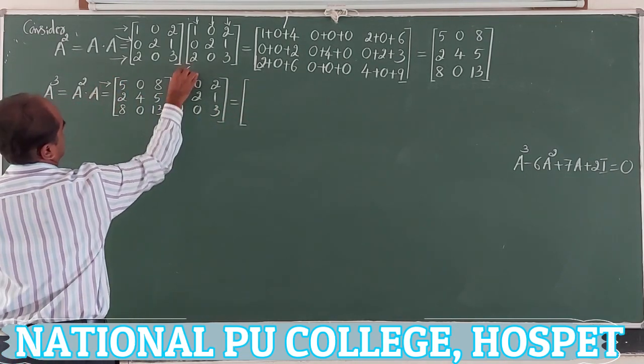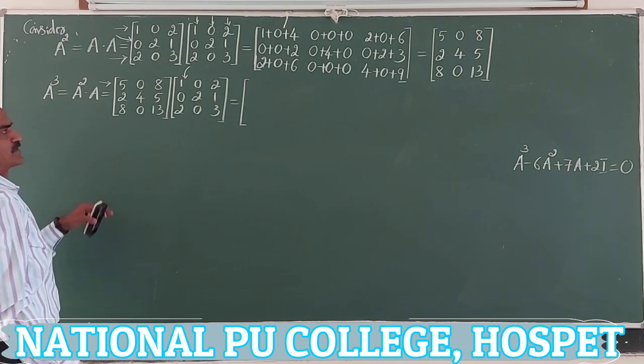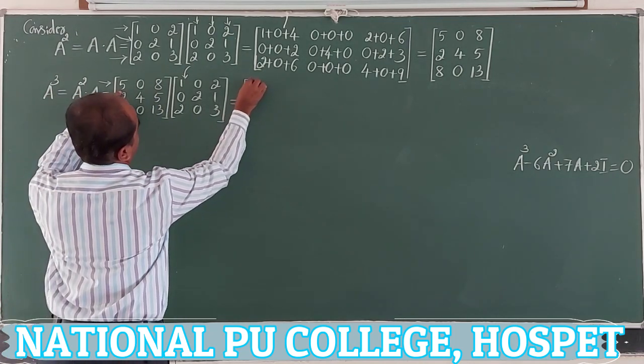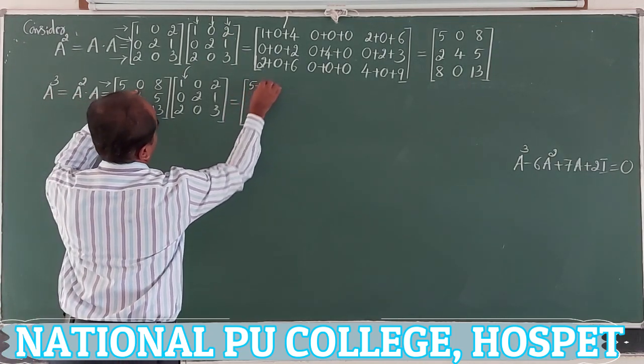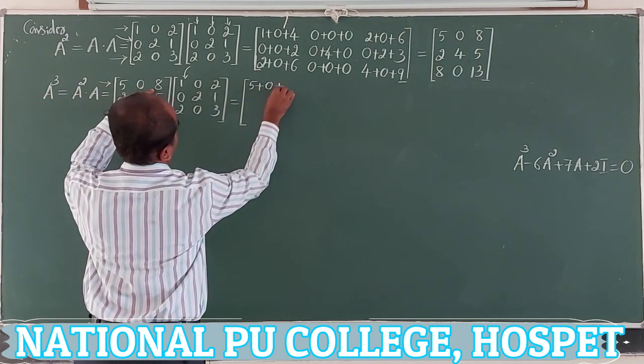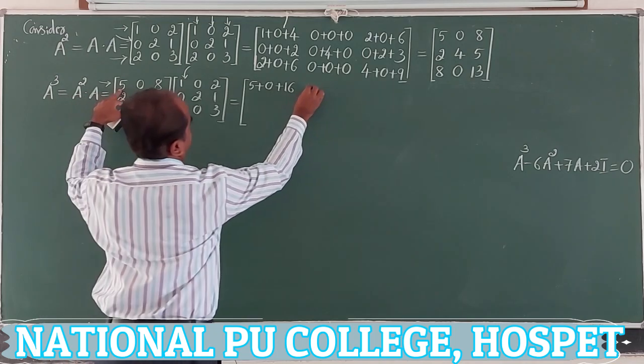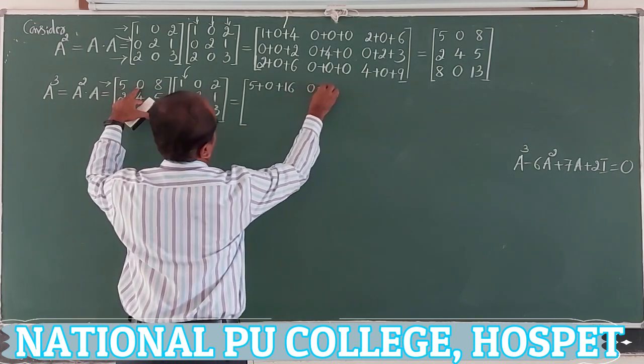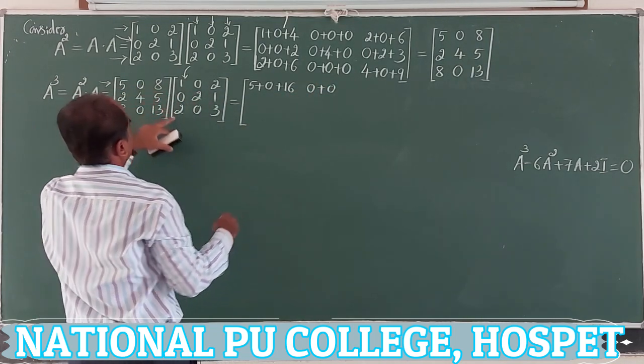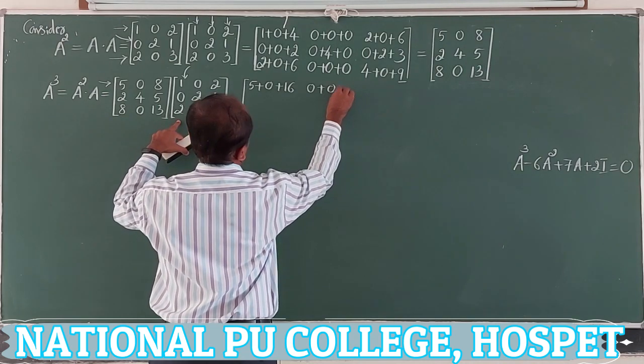Multiply these two matrices. First row, first column, 5 into 1, plus 0 into 0, plus 8 into 2. First row, second column, it is 0, plus 0 into 2, 0, 8 into 2, 16.